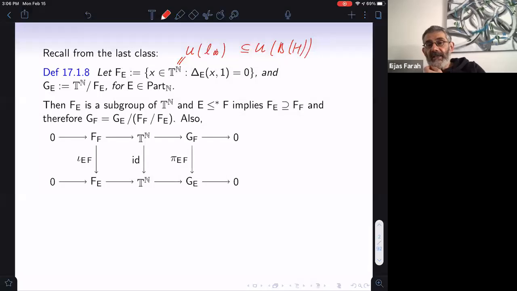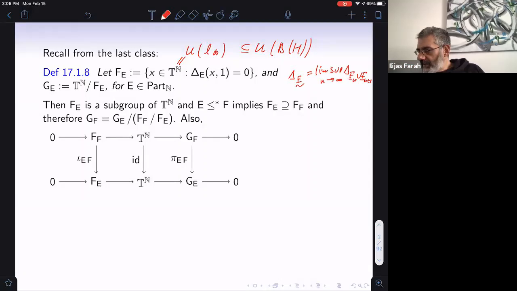Remember, delta E is this lim sup, maybe I should write it. So delta E is the lim sup as n goes to infinity of delta sub E_n union E_(n+1).